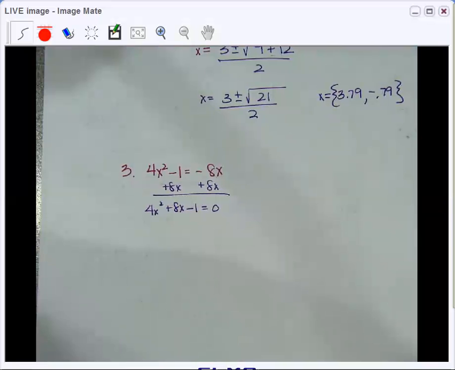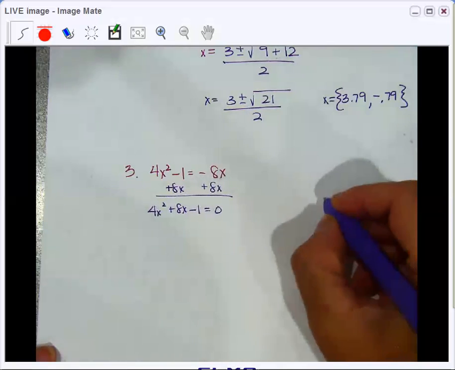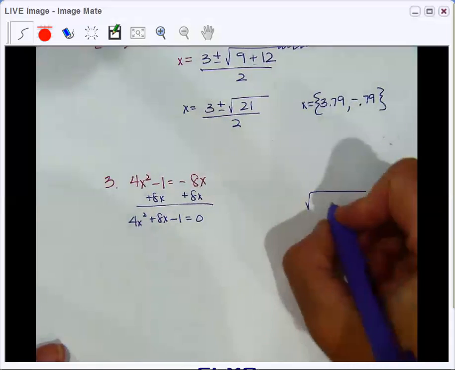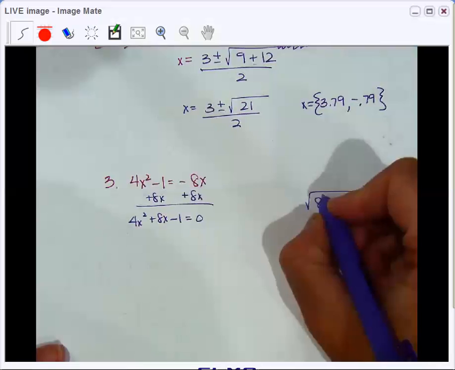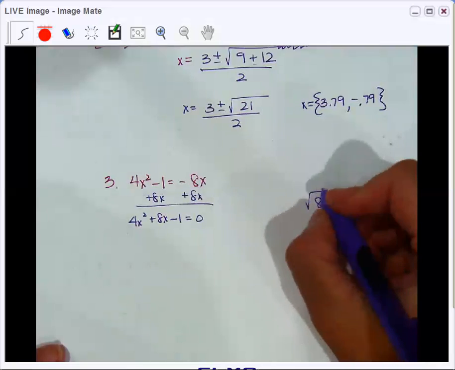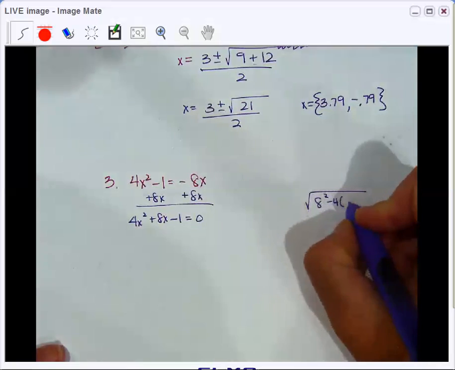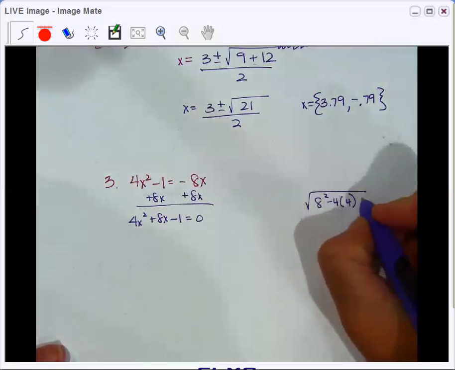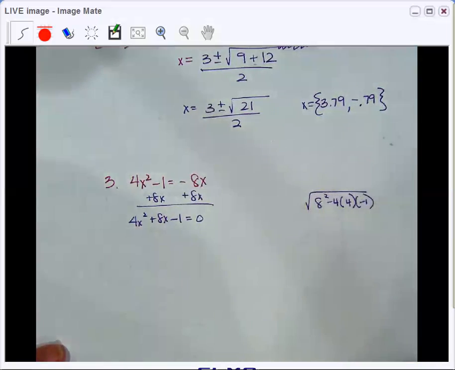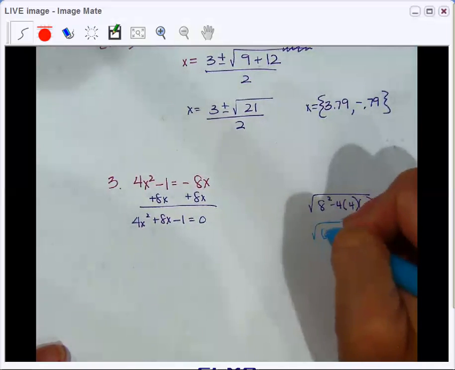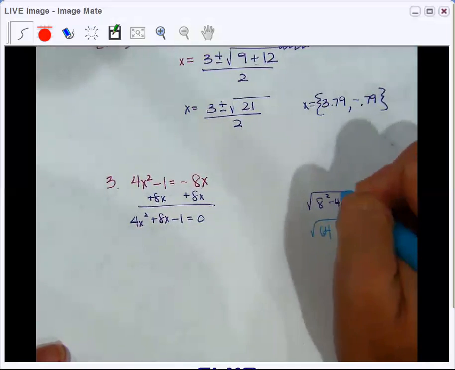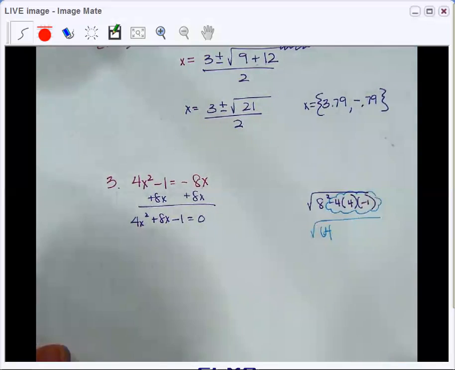So under the radical, you should see 8 squared minus 4 times A times C. So you end up with the square root of 64, and then what does all of this give you?